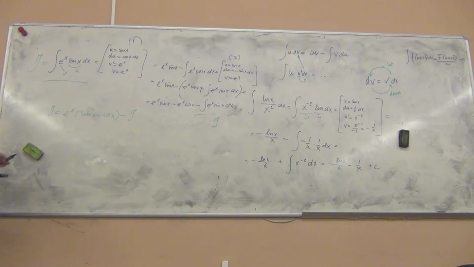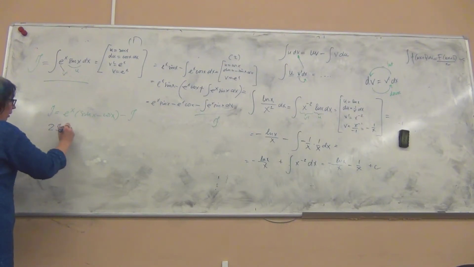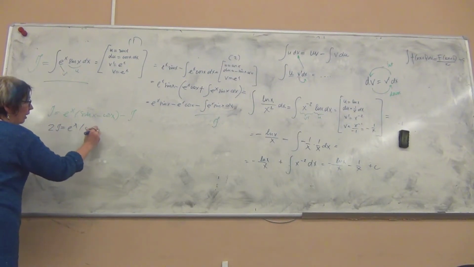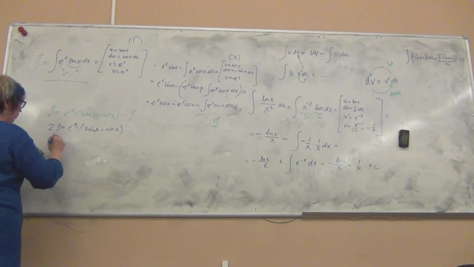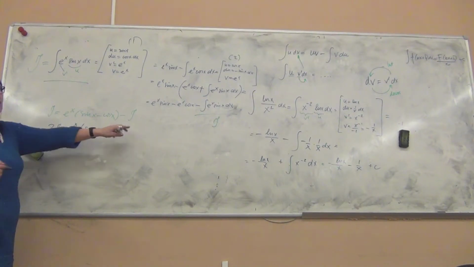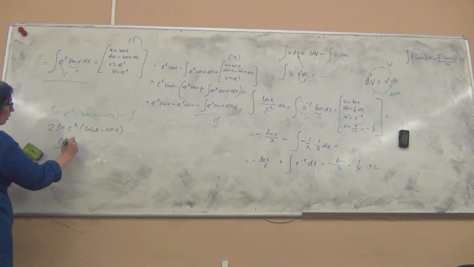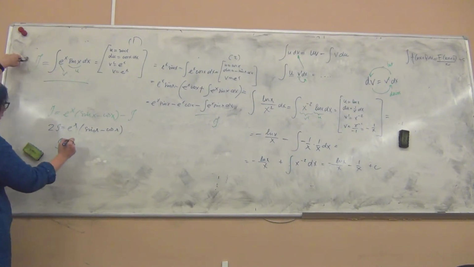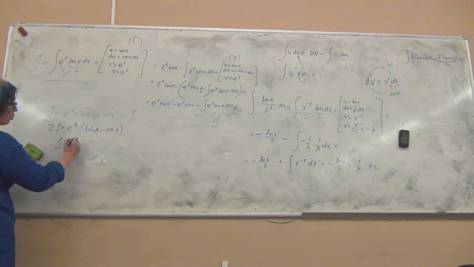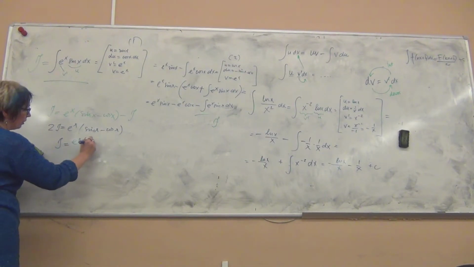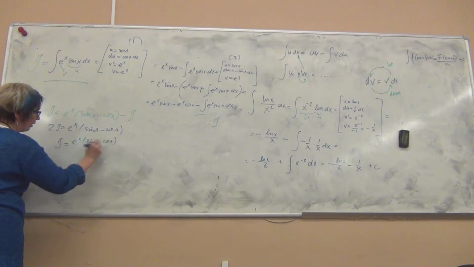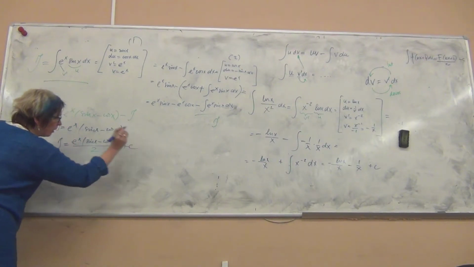And then divide by 2. Yes. So 2I is e to the power x sine x minus cosine x. Well, probably it's time to write the constant of integration, but we can do it now. So integral I, the original integral, this actually is e to the power x sine x minus cosine x over 2 plus the constant.